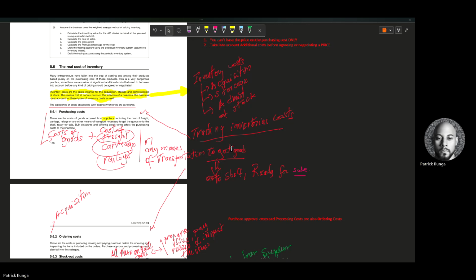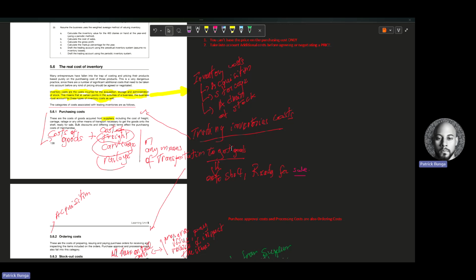And as we delve deeper, you will see that the acquisition has to do with ordering, which is going to be a very important concept when we touch on the economic ordering quantity, the EOQ, and you will see it very soon, right?